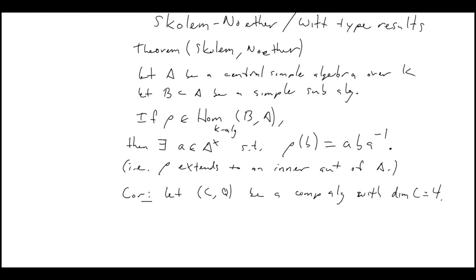For a four-dimensional composition algebra, which is just a quaternion algebra, the group of K-algebra automorphisms is isomorphic to the projective group of units.